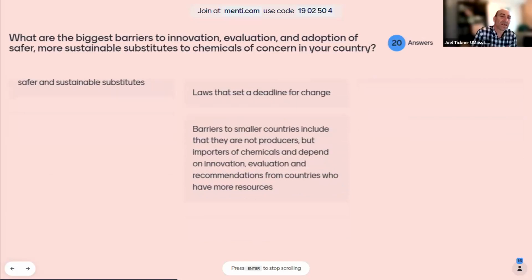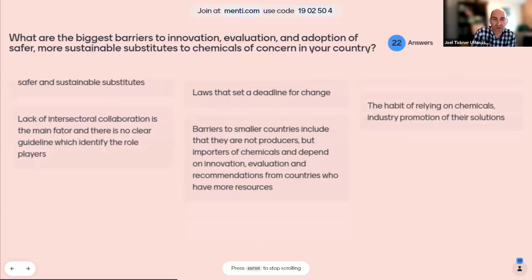I mean, one thing that I see here is, right, barriers to smaller countries are that they're not producers, they're importers. So innovation is difficult. There was some great work from the United Nations Environment Program in the 1990s on sustainable product design. And one thing we heard at a Beyond 2020 ICCM workshop last week is really harnessing local knowledge and local technologies.